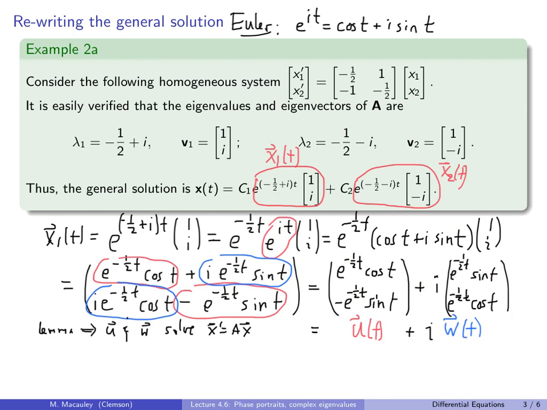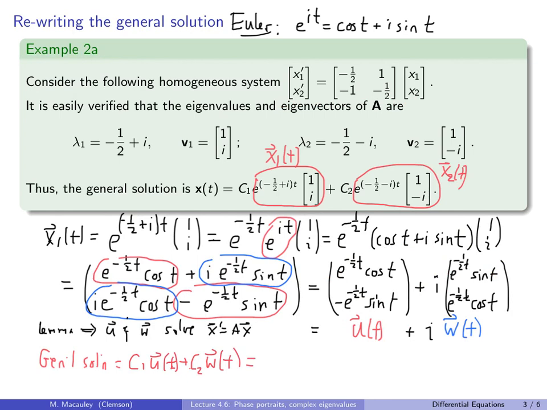So what this means is that the general solution is, instead of writing it like this, we can write it as c1 u of t plus c2 w of t.